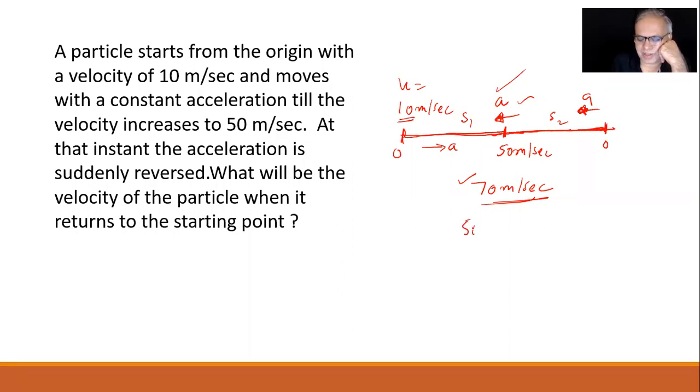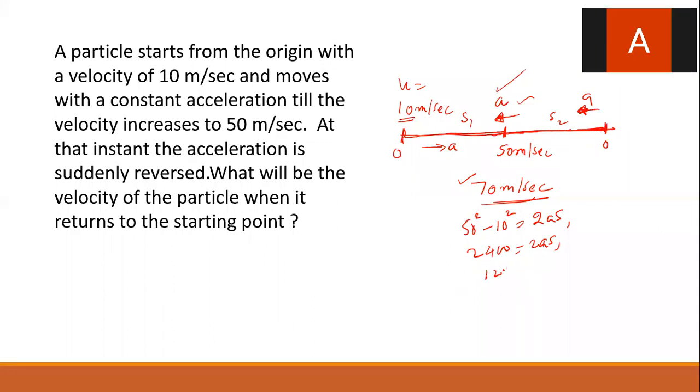50 square minus 10 square is equal to 2as1. So how much is this? 2400. 2400 is equal to 2as1, so s1 is 1200 by a. Isn't it so? Yes, sir.